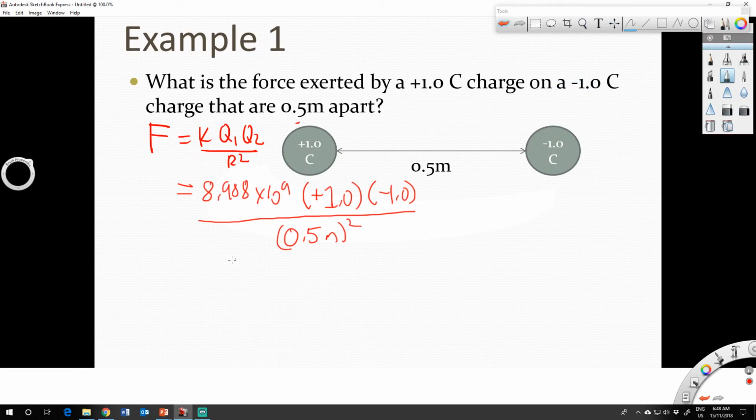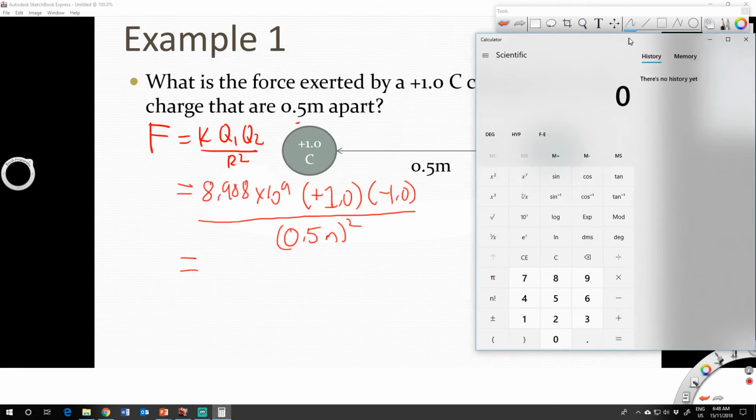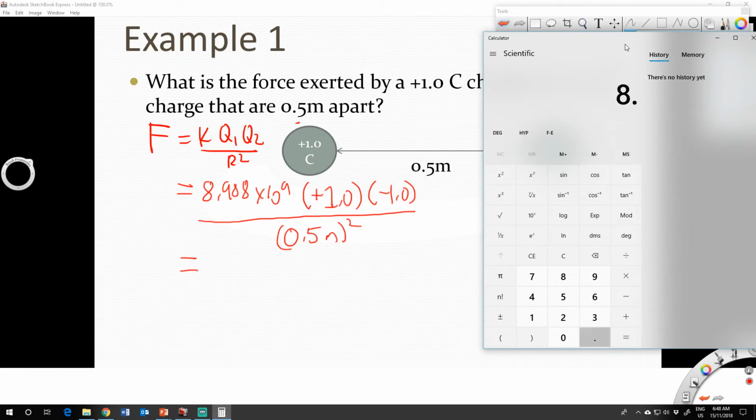All right. So calculating this out, pull up my calculator here, you get 8.988. Shoot, I don't see my exponent. This one. There we go. 9 times 1 times 1 divided by 0.5 squared.